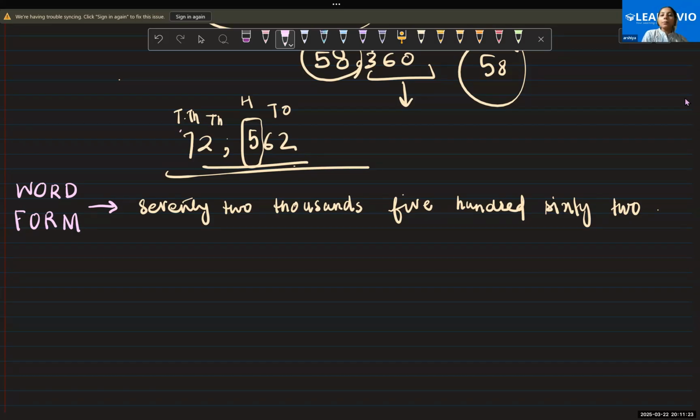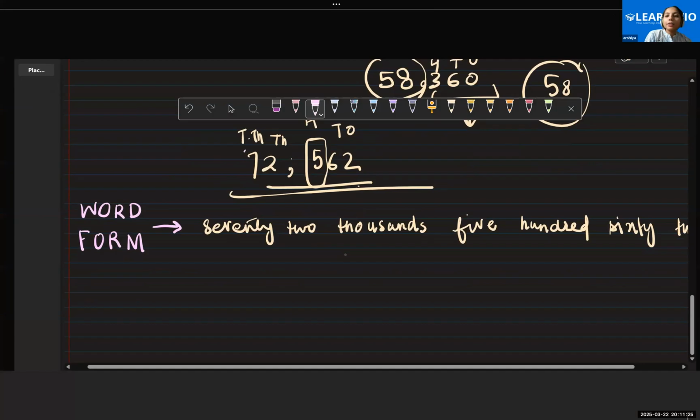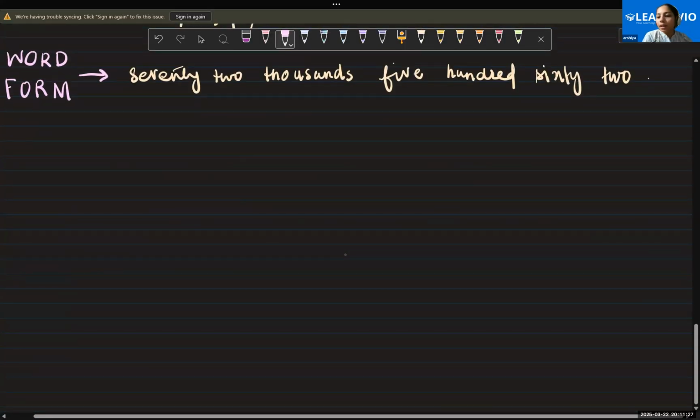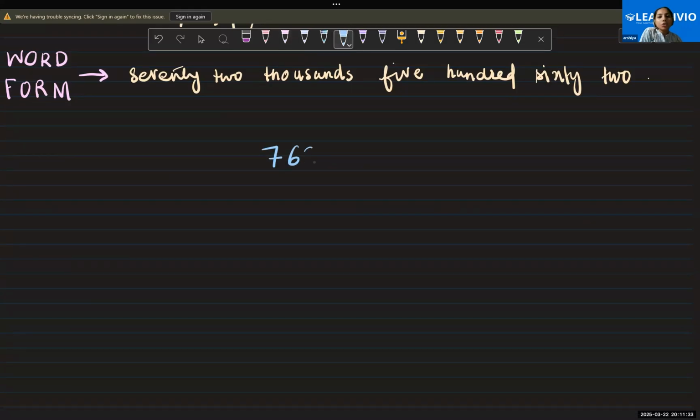In expanded form, I'll start with a small number. If I have 762, how will I write it in expanded form? Do you know expanded form? Yes, I remember right now. Okay, got it. If this is 7, how many zeros are there?